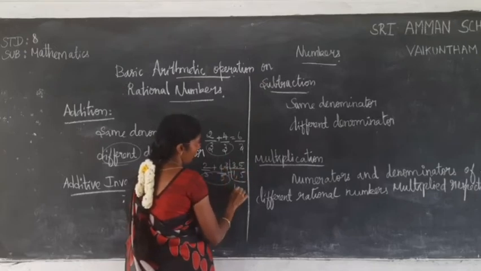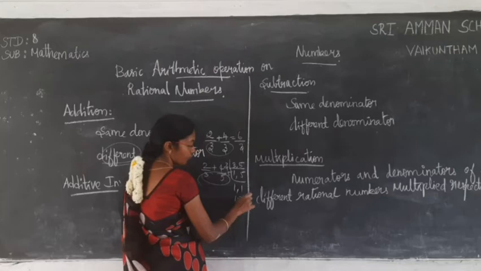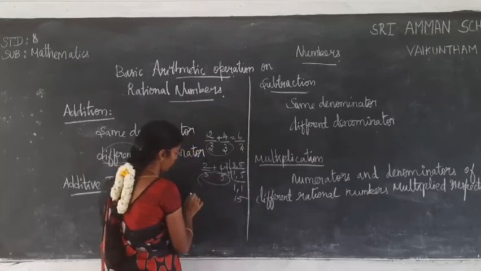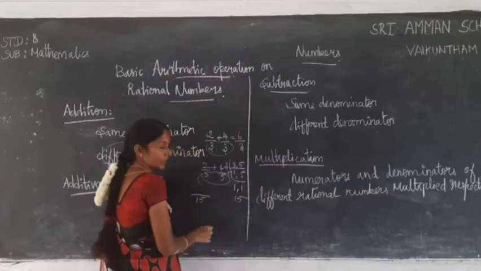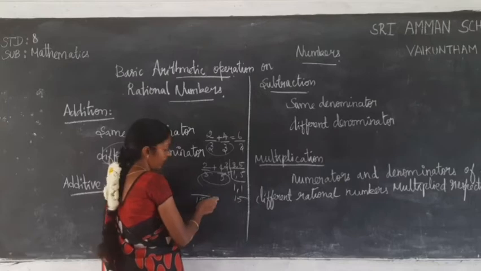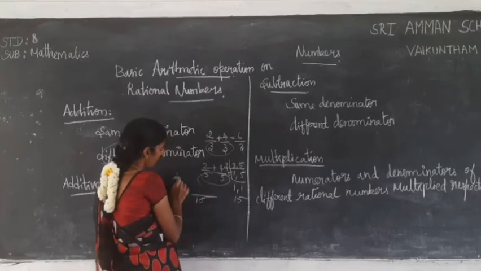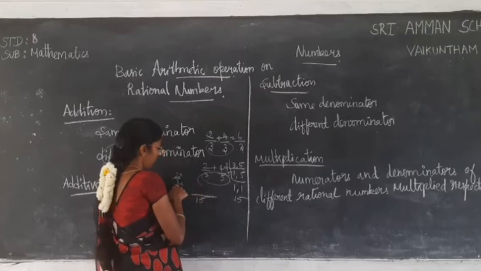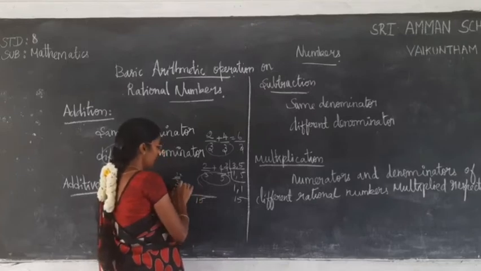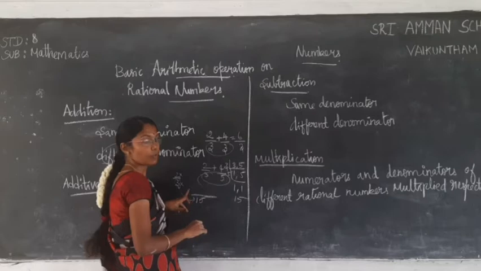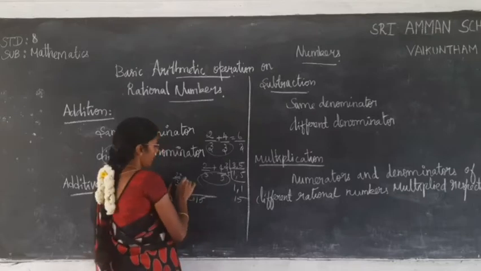5, 1, 1. So 5 3s are 15. The common denominator is 15. For 2 by 3, you have to multiply 3 by some number to get 15. Which number to be multiplied with 3 to get 15? 5.